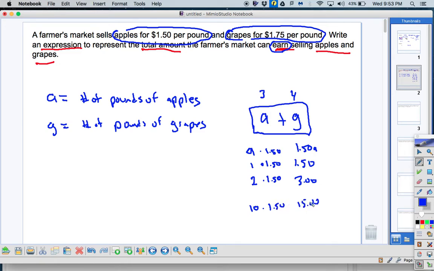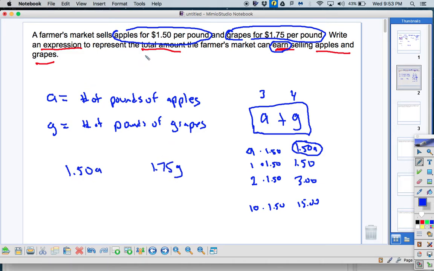So this expression right here, $1.50 A, represents the amount of money we have earned, or we've sold our pounds of apples for. And for the same reason, we can do the same thing with grapes. So our grapes are going to be $1.75 G. So this is how much we have earned from our apples, and this is how much we have earned from our grapes.